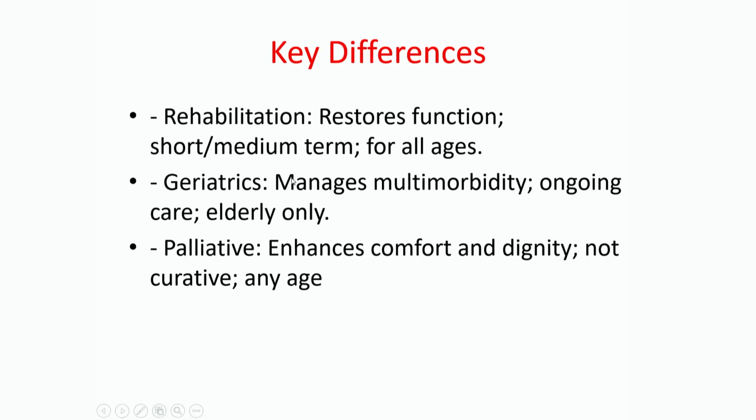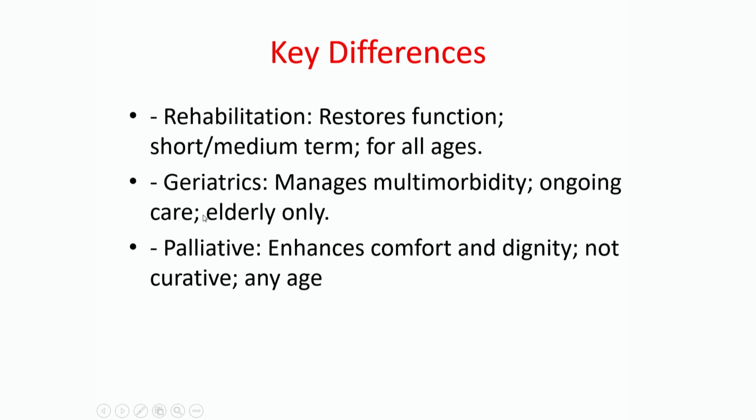Key difference: rehabilitation restores function, short or medium term, for all ages. Geriatrics manages multi-morbidity, ongoing care, for the elderly only. And palliative care enhances comfort and dignity, not curative, regardless of age. Palliative care means dignity and comfort, only symptom management. This is the main difference.